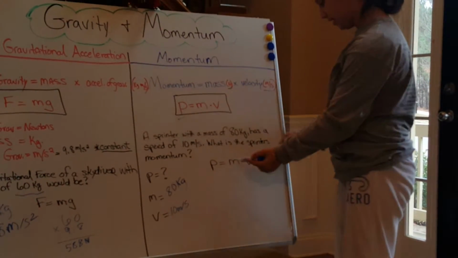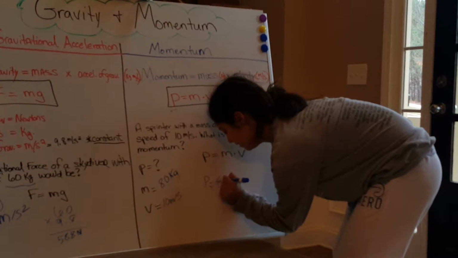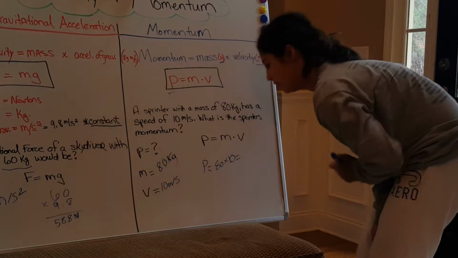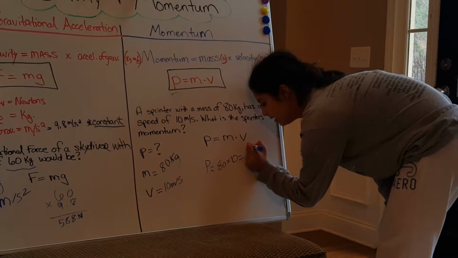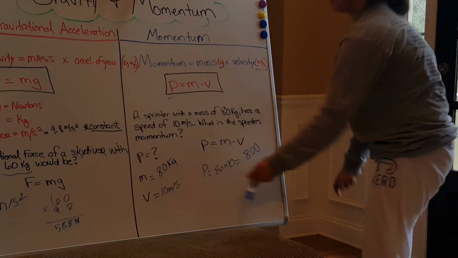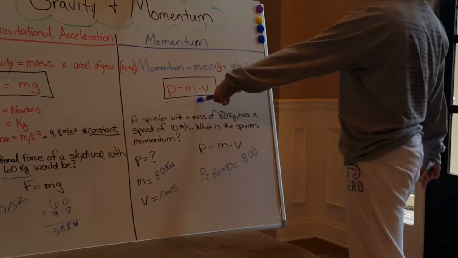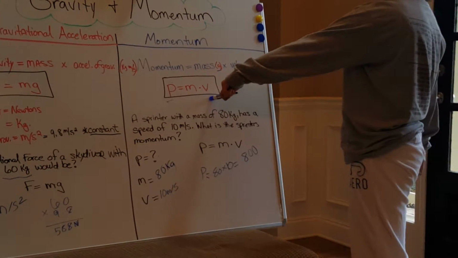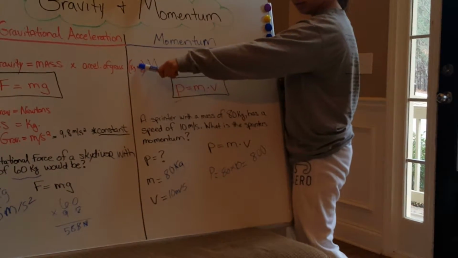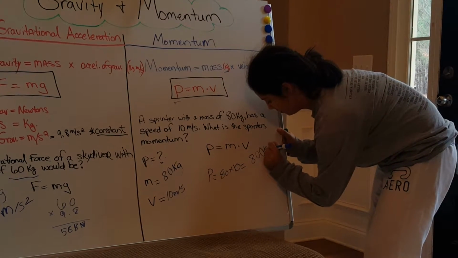And so right here we're going to plug that in. P equals 80 times 10. If you put that in your calculator or do the math on your piece of paper, it is going to give you 800, and since P is measured in kilograms meters per second, it's going to be 800 kilogram meters per second.